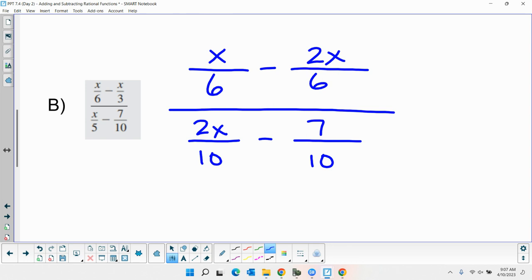Those are pretty easy because 3 goes into 6, 6 goes into 6, 5 goes into 10, 10 goes into 10. All right? So this problem now, what's 1x minus 2x? Negative x. What's 2x minus 7? 2x minus 7.